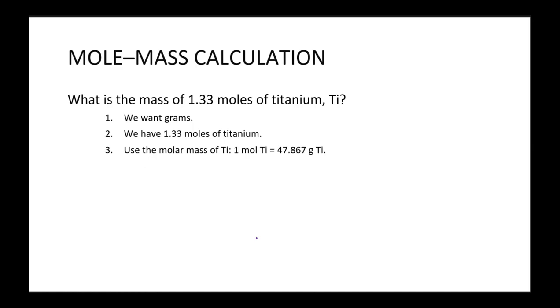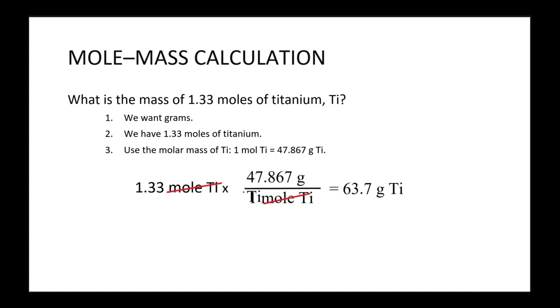Now, what is the mass of 1.33 moles of titanium? We want grams, we have moles. Let's set it up starting with my moles of titanium. And again, I need to use a conversion factor. What do I want?